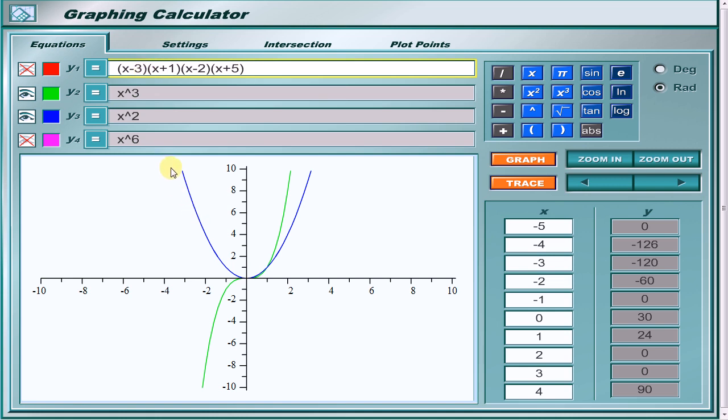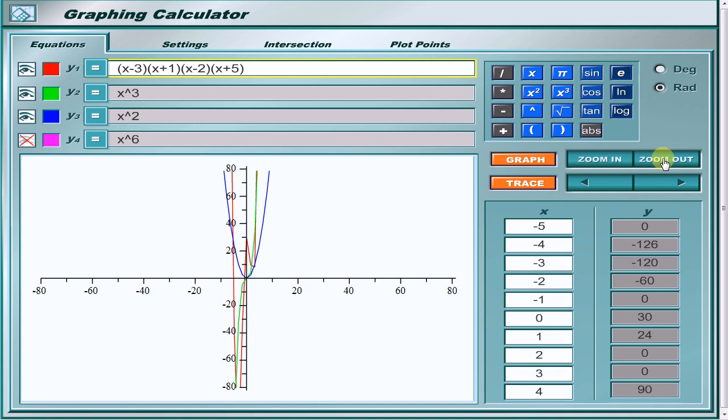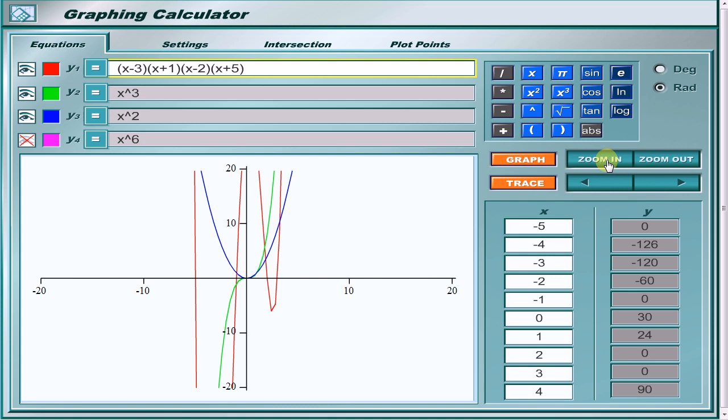It's going to be the red one. Here it comes. Where is it? Oh, I clicked. Sorry. Here it is, the red one. So let's zoom out to see what it does. That's interesting. Okay.